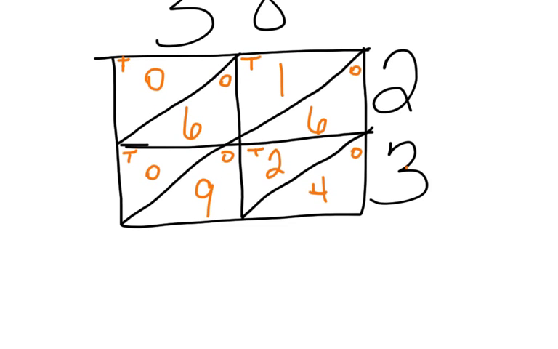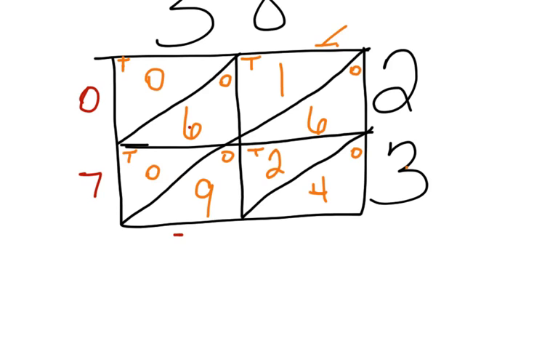Now, you go through and you add going down each diagonal. So, 0. Then you add up 1 plus 6 plus 0, which will give you 7. And then you add up 9 plus 6. 9 plus 6 is 15 plus 2 is 17.